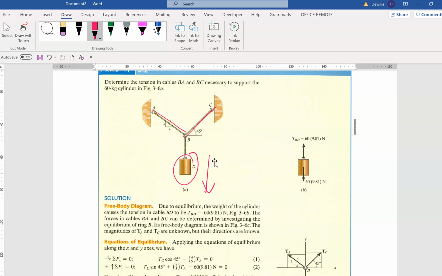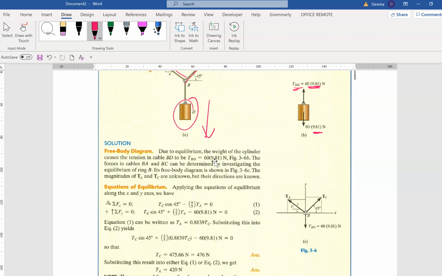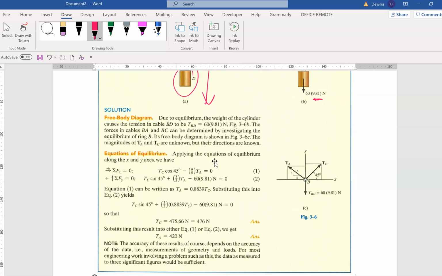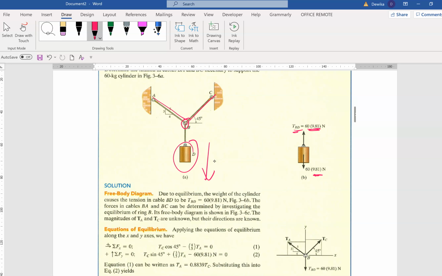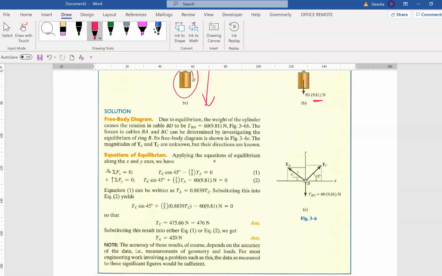If you draw the weight, we have 60 times 9.81, where 9.81 is gravity, and then we have an equivalent force upward. Which means TBD is 60 times 9.81. So that part is solved. Now let's draw the free body diagram of point B here. We have TC, TA, and 60 times 9.81.